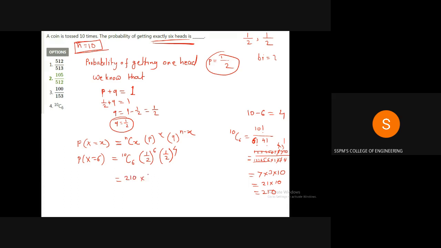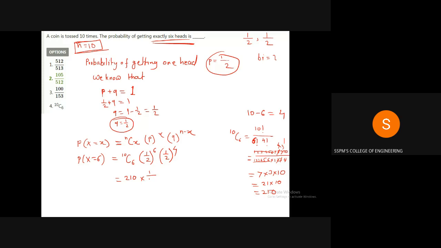And half raised to 6 is 1 by 2 raised to 6, which is 64. Into 2 raised to 4 is 16. If we solve this, we will get 210 divided by 1024.